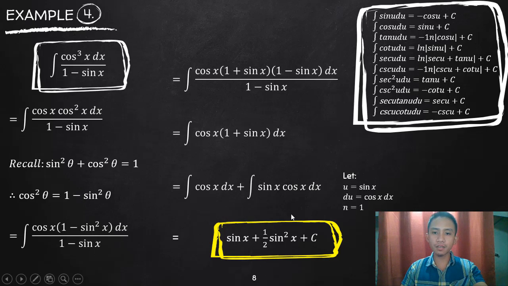And if you try to focus on the second term, it looks like a product, but actually, if you consider one of these, let's say for this solution we separated sine x. How about this cosine x dx as its partner?